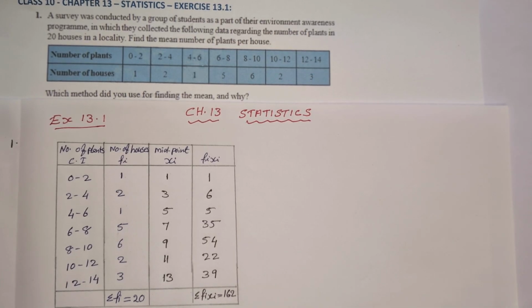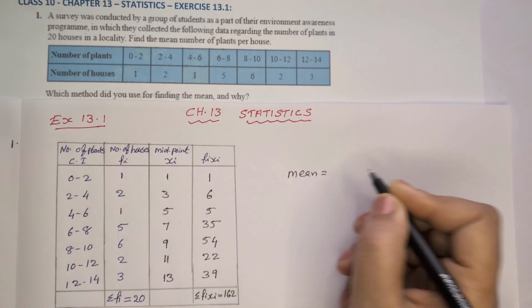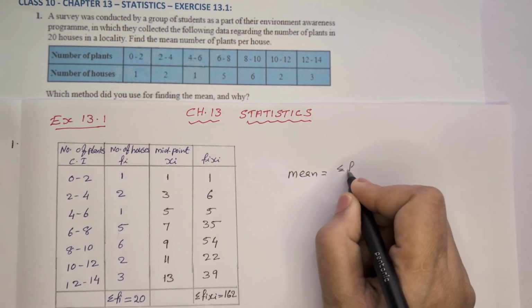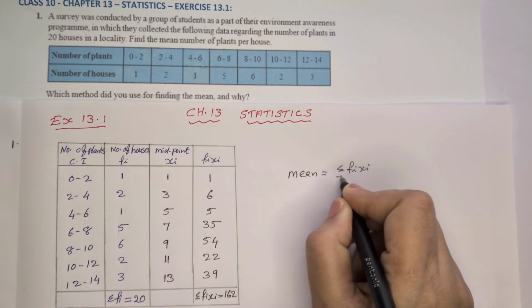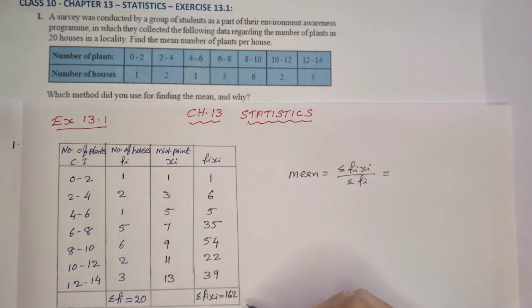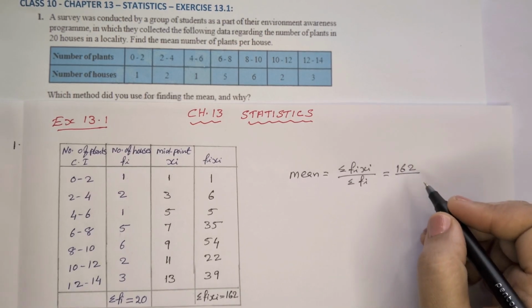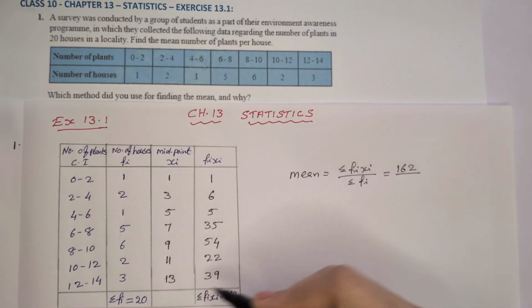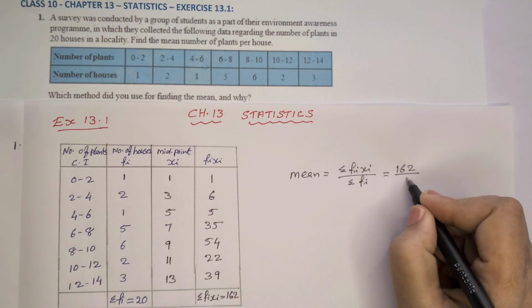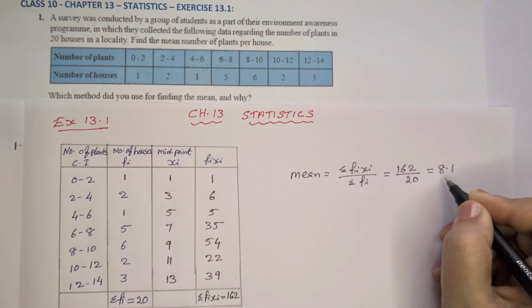Now to find the mean, we know the formula that mean is equal to sigma fi xi divided by sigma fi, which is equal to, here sigma fi xi we got as 162, 162 divided by sigma fi, that is 20, which is equal to 8.1.